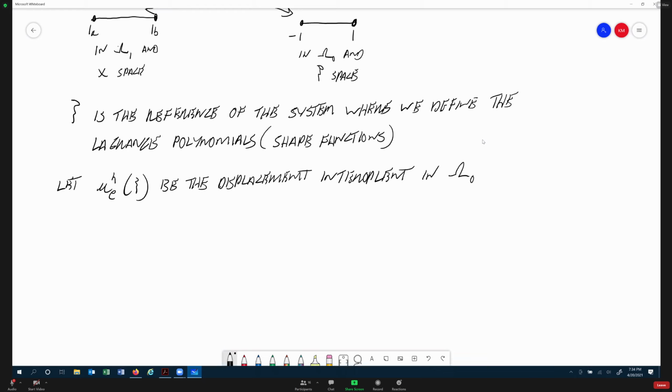So this is our sub omega space that has been mapped, where omega naught exists from -1 to 1 in the C coordinate system.